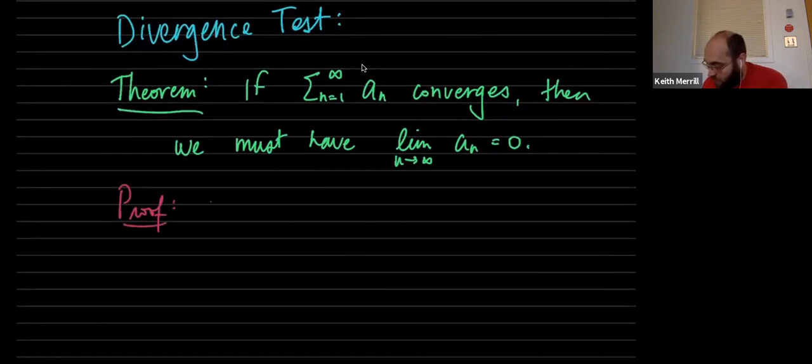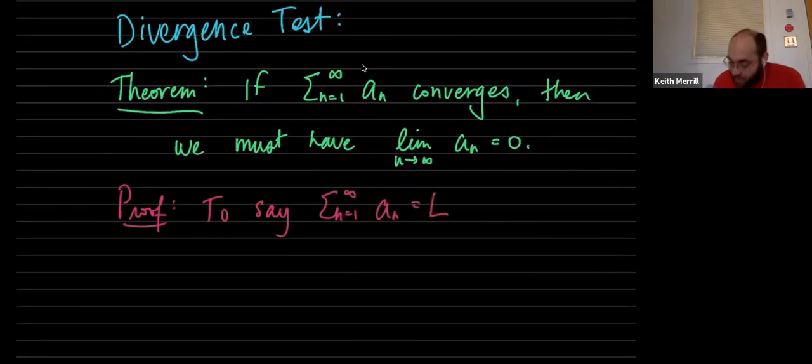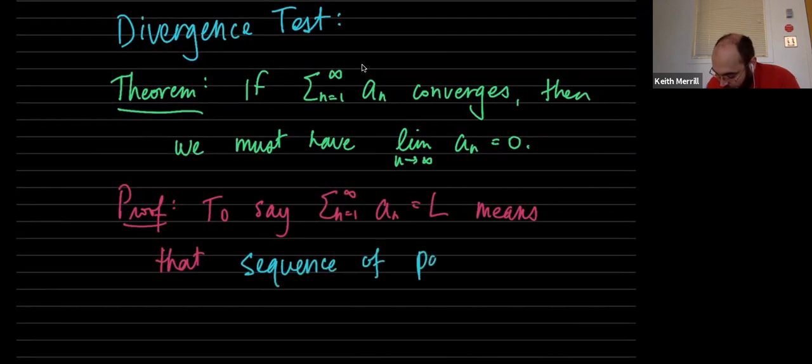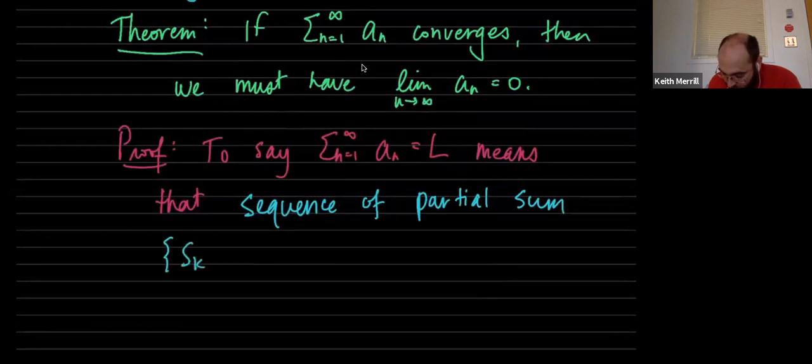So remember, to say that the summation from n equals 1 to infinity of a_n equals some limit L means that the sequence, I'm going to write this in a different color because it's that important, the sequence of partial sums, which we typically denote S_k, converges to L. This is how we defined what it means for an infinite series to converge. It means that the sequence of partial sums of that series converges to L.